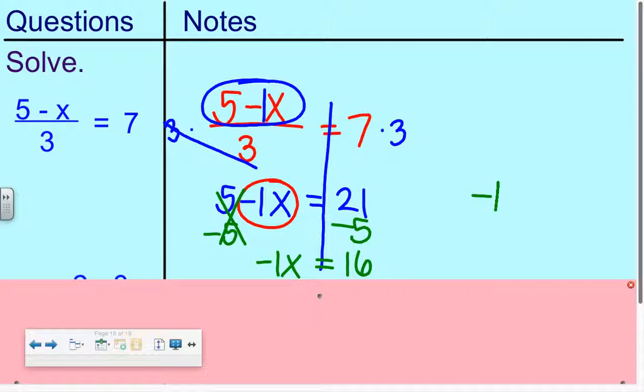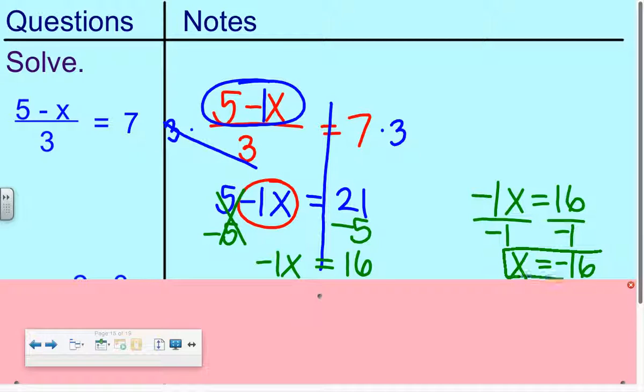So then I'm just going to rewrite this over here because we don't want to have a negative variable. So we have to divide both sides by negative 1 so that we have just a positive x. So that one was a little bit trickier with that negative x in there. We had one extra step.